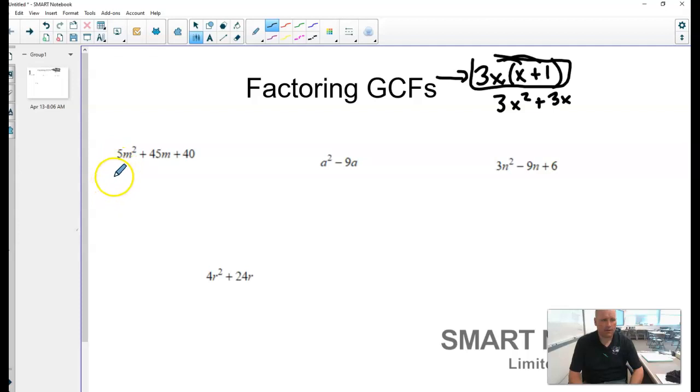So I look at 5. The only thing that goes into 5 is 5 and 1. So I'm just going to put 5, and then m is m and m. Okay, so that would be from my 5m squared. Then I move to my next term, the 45. I have 5 and 9, and then 3 and 3, and then I have this m as well.